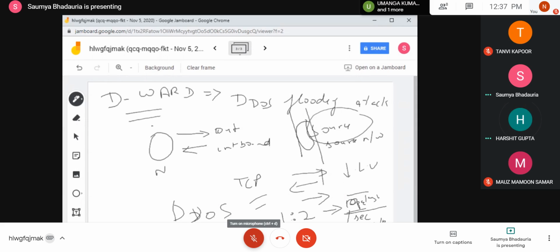Yes, ma'am. If the attacker is following the rules, then it will be a false negative because it will not drop the packet.